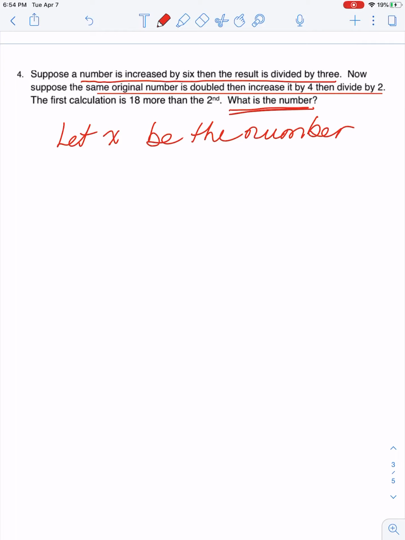And the last thing it says is the first calculation is 18 more than the second. Okay, so the first calculation is 18 more than the second, which means if I take the second calculation and I add 18 to it, that should equal the first calculation.